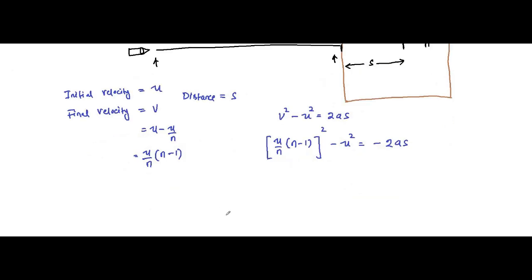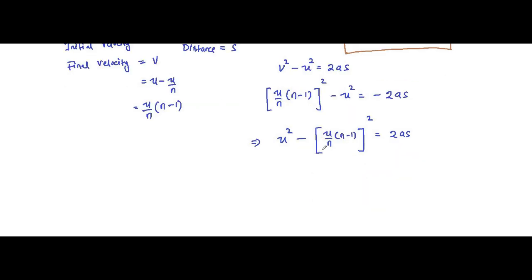Then, multiplying minus 1 on both sides, we get u square minus u by n into n minus 1 whole square is equal to 2as. Simply multiplying minus 1 on both sides. Then we have u square minus u square by n square into n minus 1 whole square is equal to 2as.